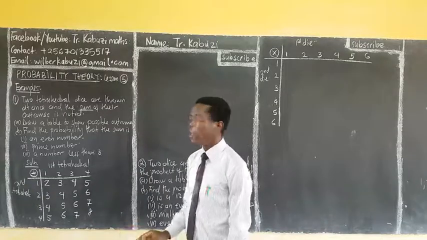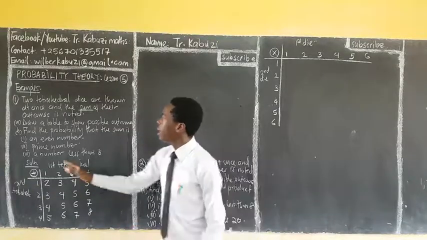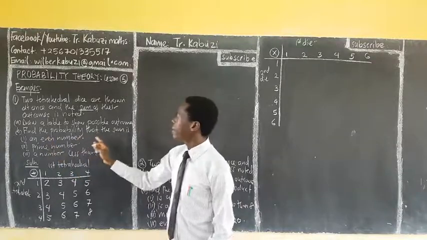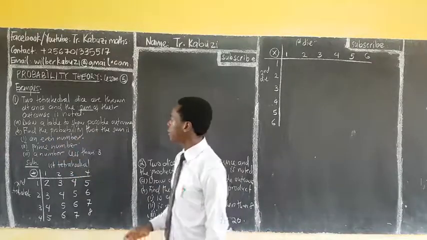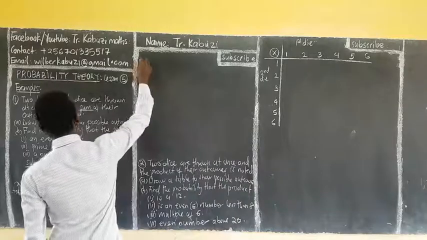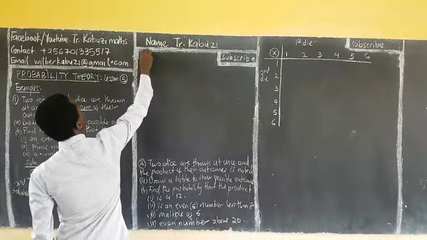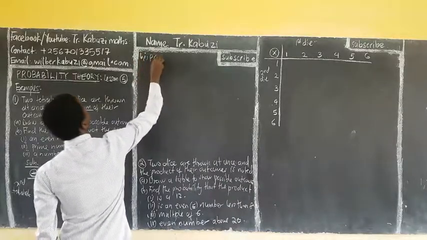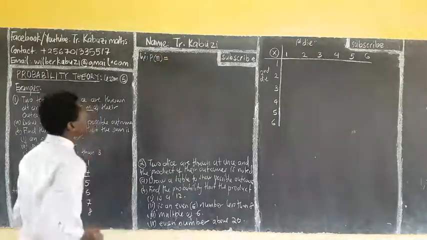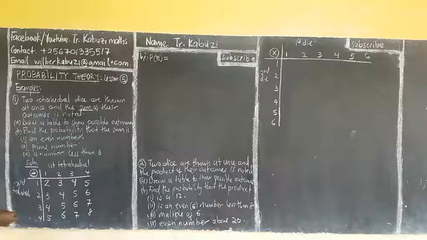So here again, you get your marks. Then find the probability that the sum is an even number. So now, Roman numeral 1, probability that the sum is an even number. How many even numbers do we have?